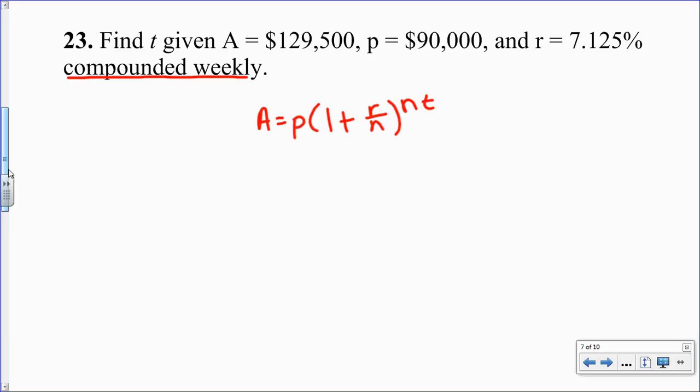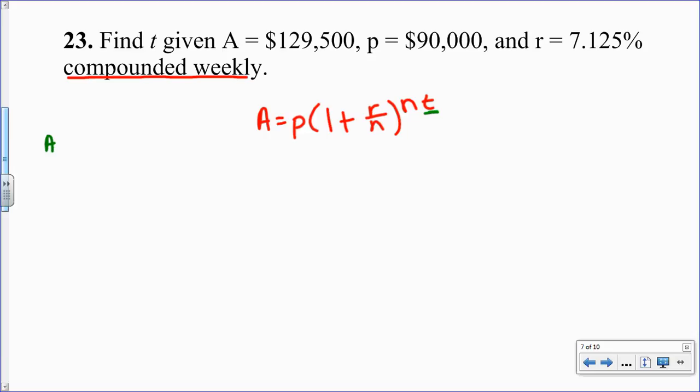That is one of the ones you have to have memorized. It says find T. I'm solving for T.